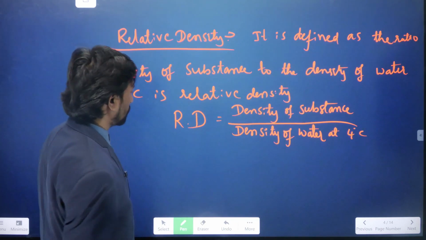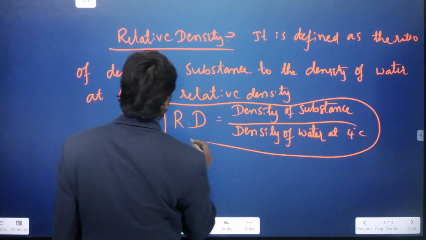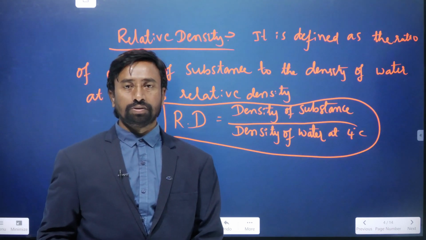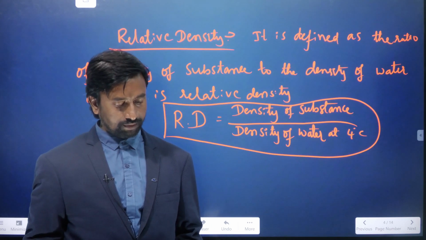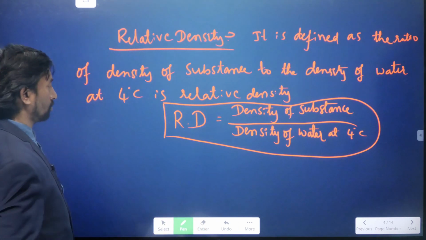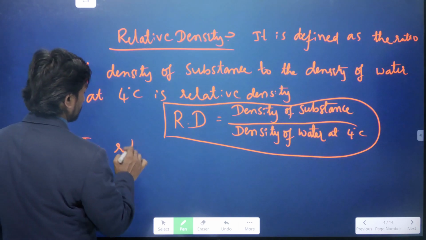Now we are going to write the relation between the SI unit of density and the CGS unit of density.